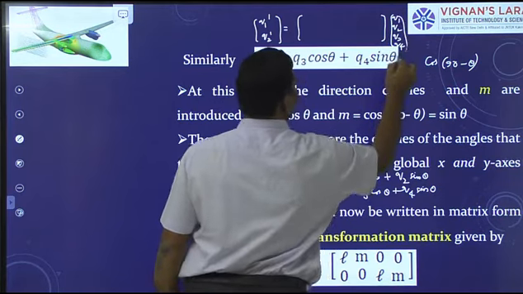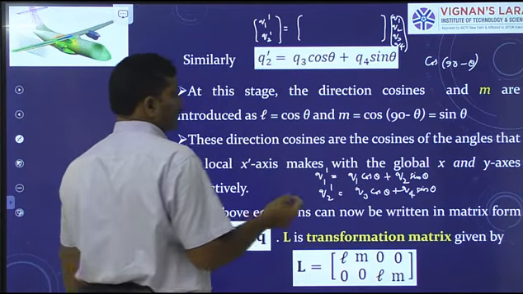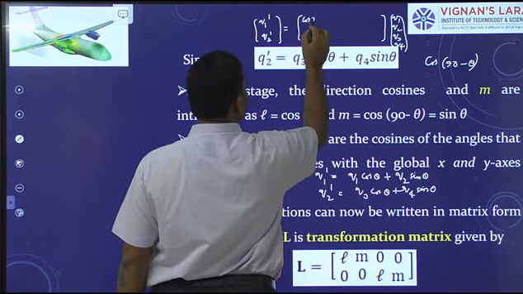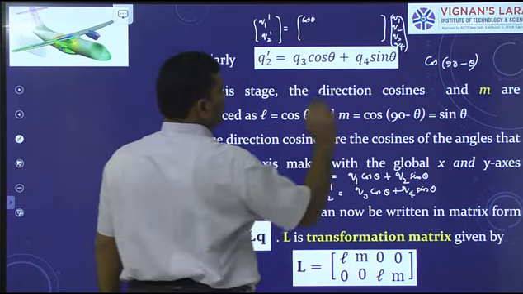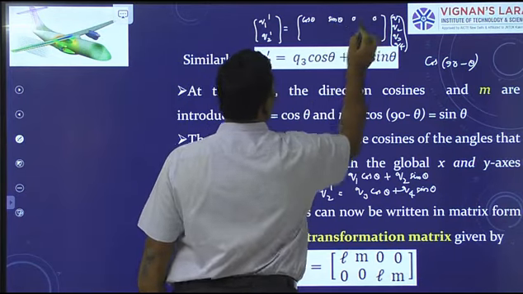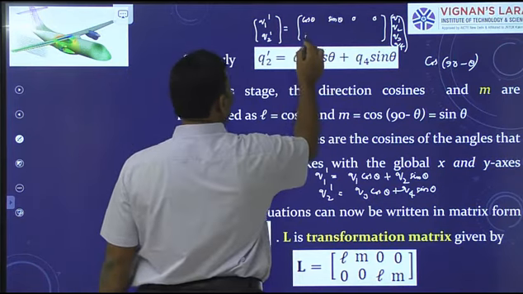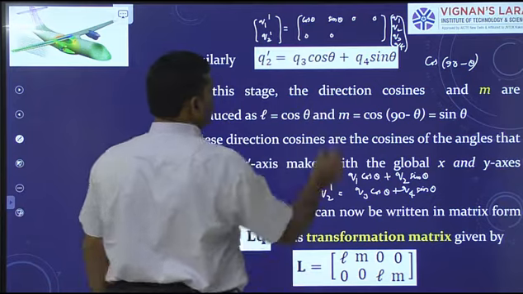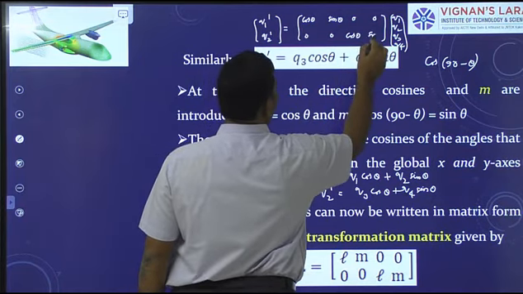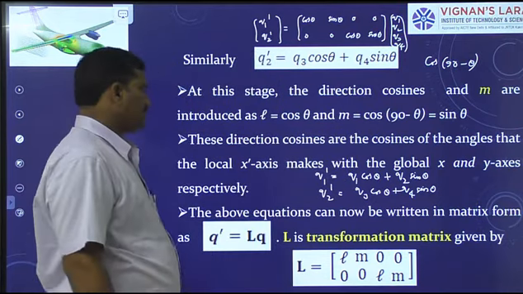Take the first equation: cos theta I write here, next sin theta here, next 0, 0 here. For the second equation, I put 0 here, 0 here, then cos theta here, then sin theta here. Sin theta is cos of 90 minus theta.